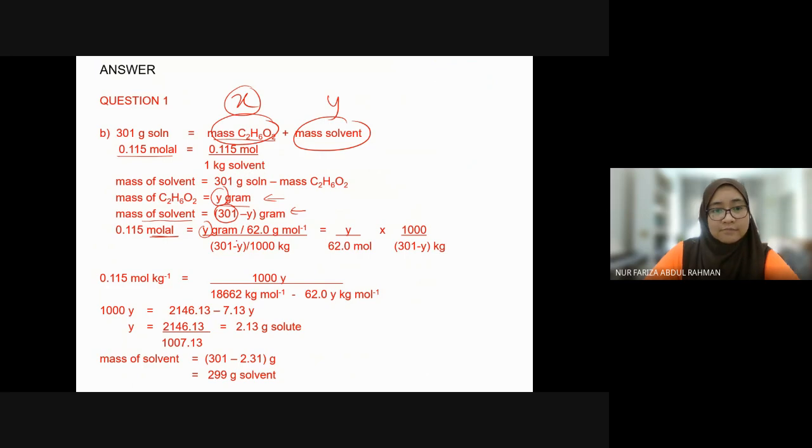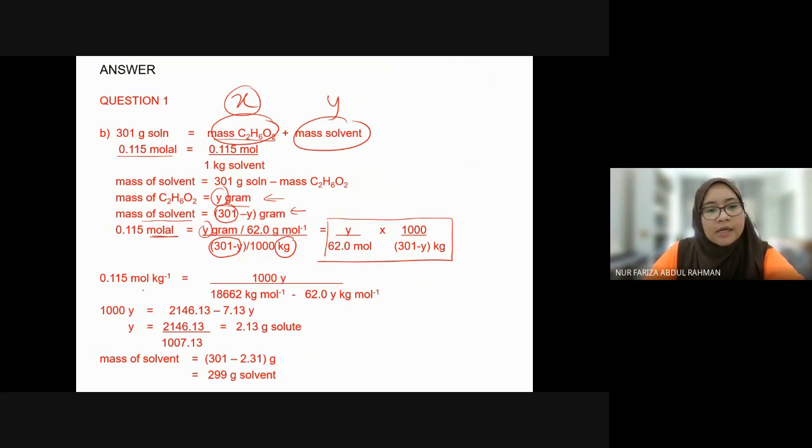The mass of solvent just now, 301 minus Y, divided by 1000, because we want the mass of solvent in kilogram. When we simplify this, this is how the working looks like.